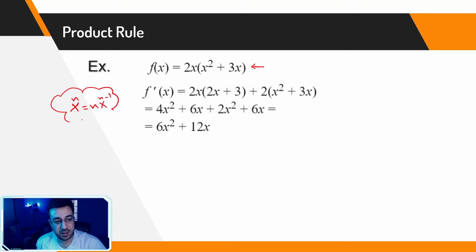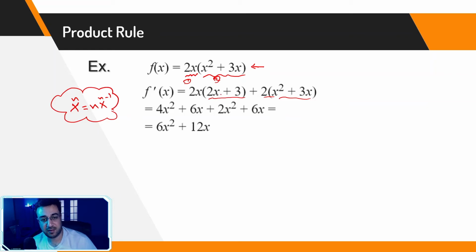Keep that in mind, we will come back to it. So what the author is doing here, he's considering 2x is one function and x squared plus 3x is the second function. Then he took the derivative of the first, multiplied by the second as it is, plus the derivative of the second, x squared plus 3x, which is 2x plus 3, multiplied by the first as it is.